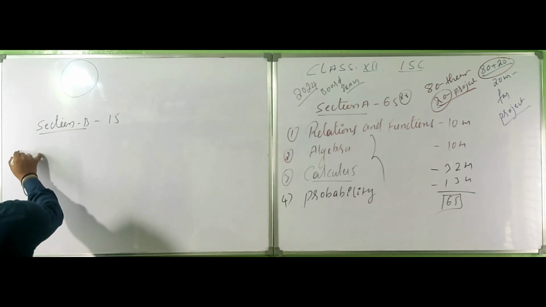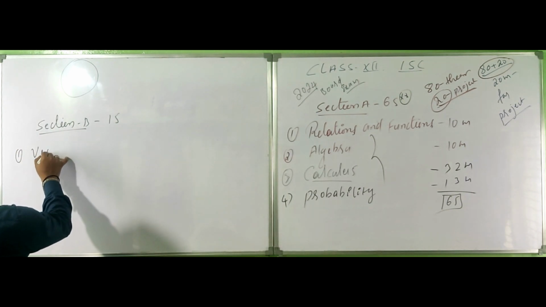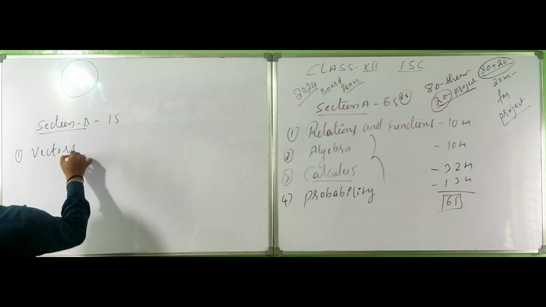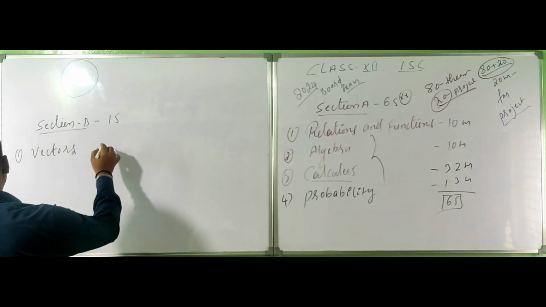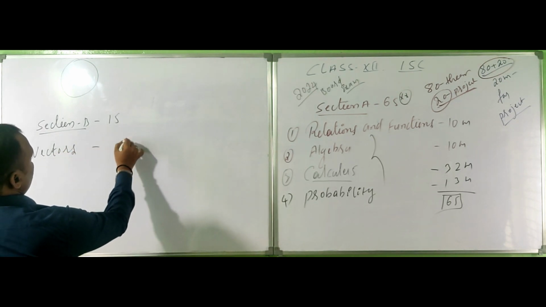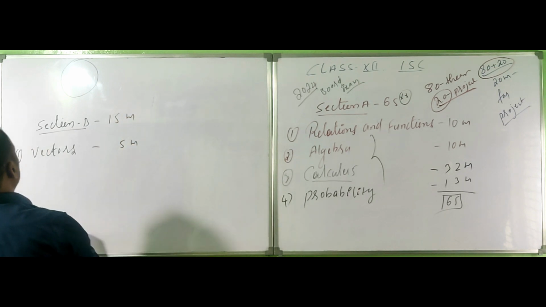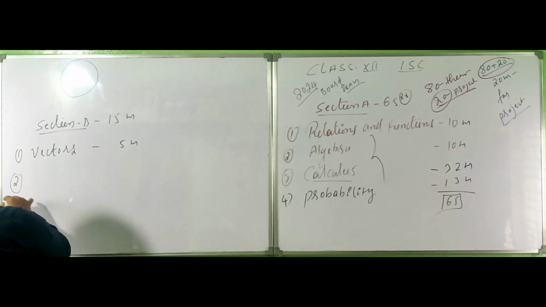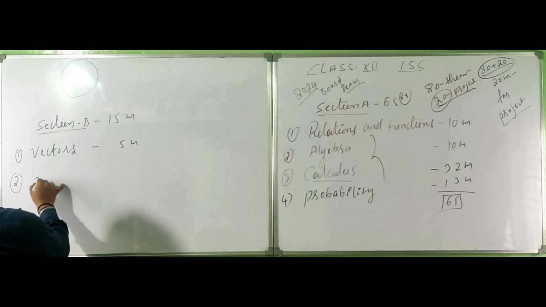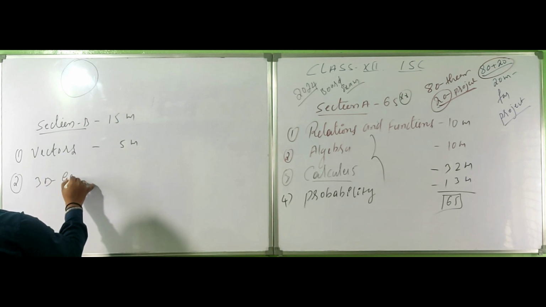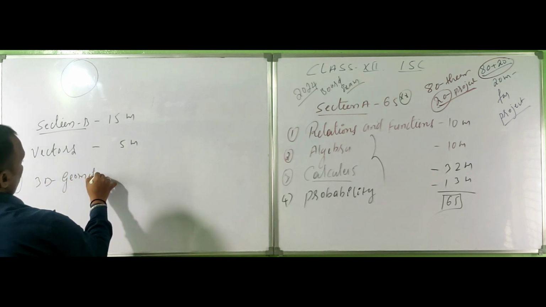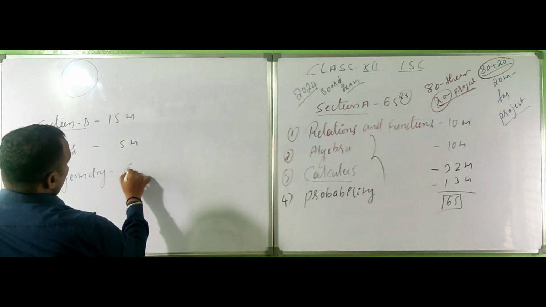The first chapter in section B is vectors, which is 5 marks. The second is 3D, three-dimensional geometry, which is 6 marks.